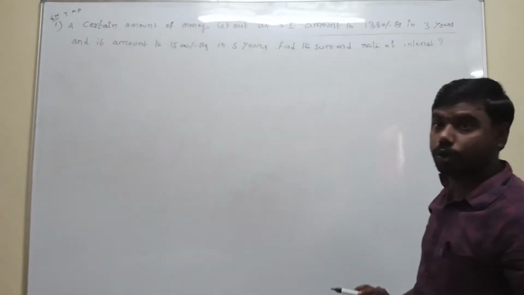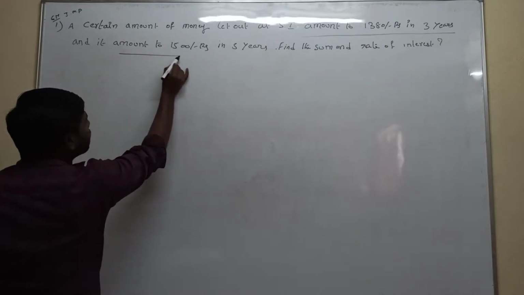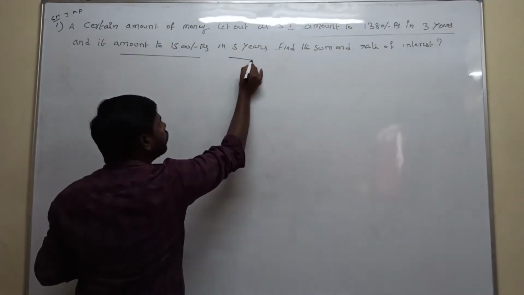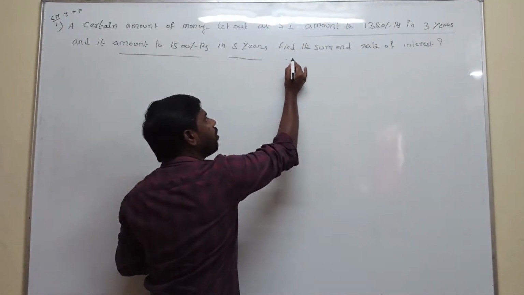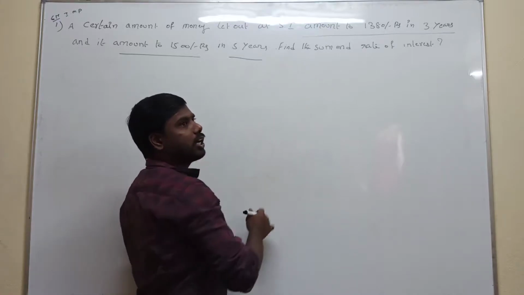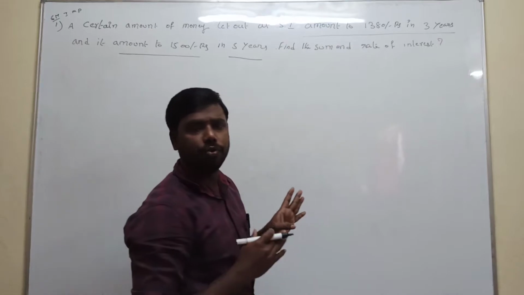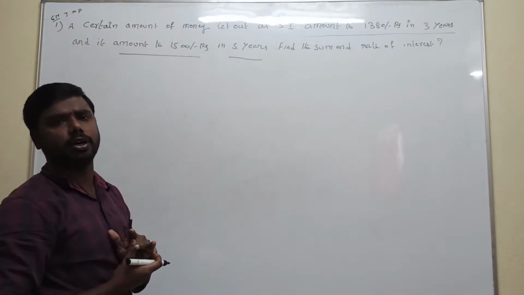The second case is also given: total amount capital A is equal to 1500 and time t is equal to 5 years. What are they asking? Find the sum of money, which means we need to calculate the principal amount P and the rate of interest.